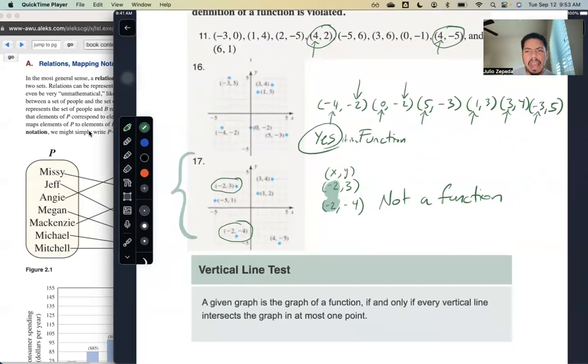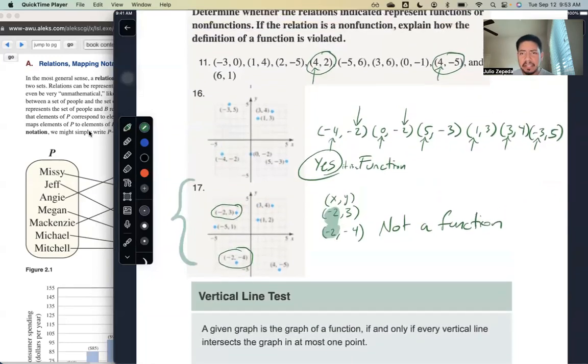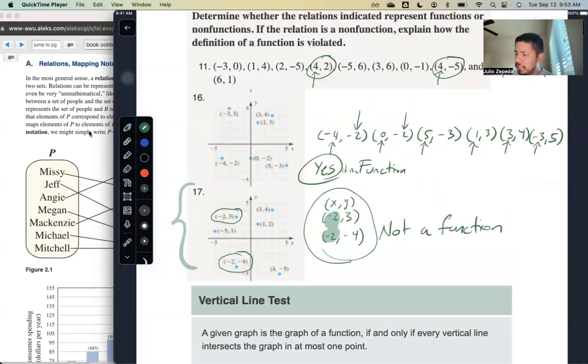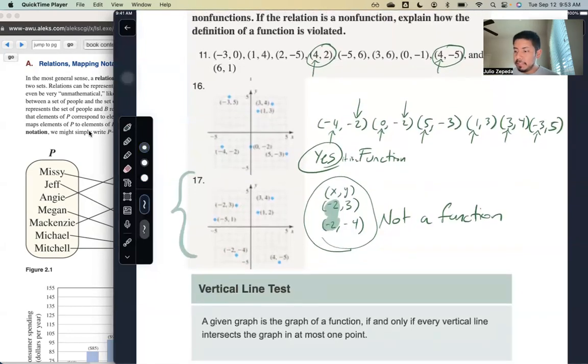Okay, so how can we tell, without actually writing out the points, just by looking at the graph, whether or not something is a function? There's something called the vertical line test. We can use the vertical line test to tell whether a graph is a function, and it's a very quick check if you have a graph.